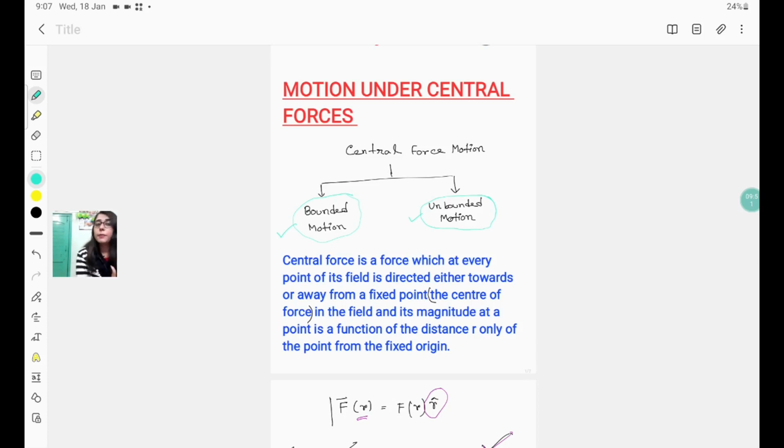Okay, so these are the two examples. For bounded motion, the planetary motion of the planets of the solar system, and for unbounded motion, Rutherford's alpha ray scattering experiment.